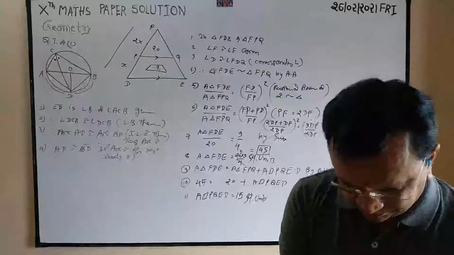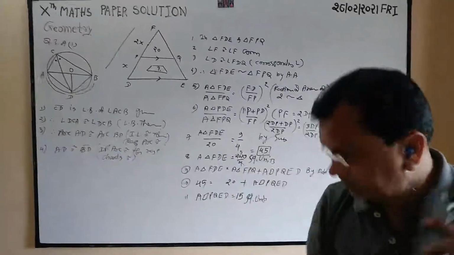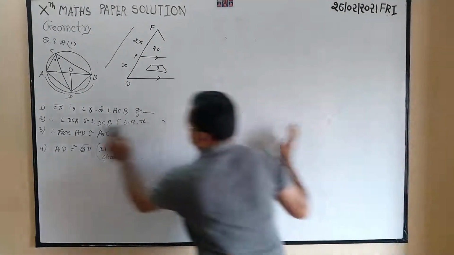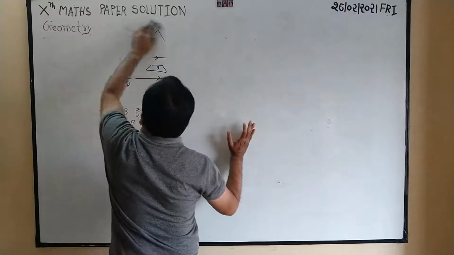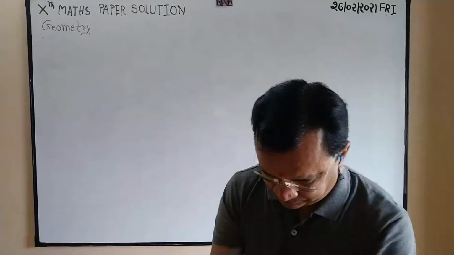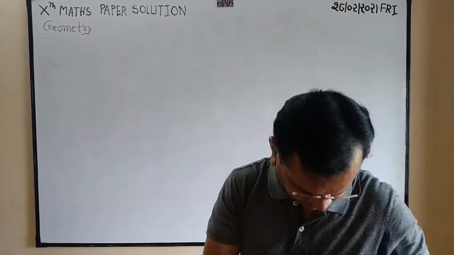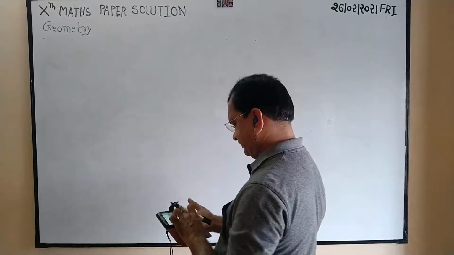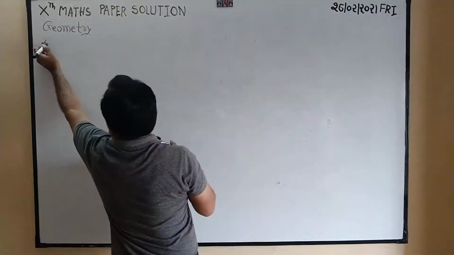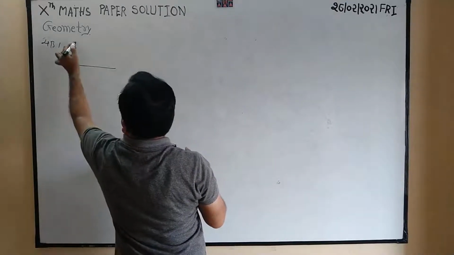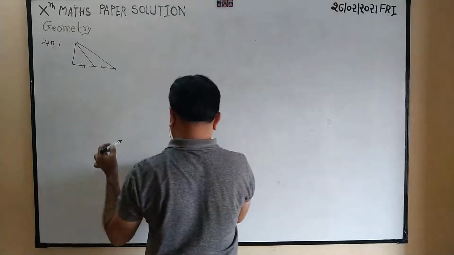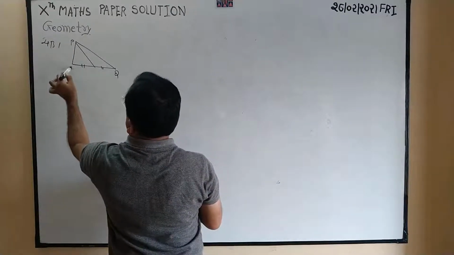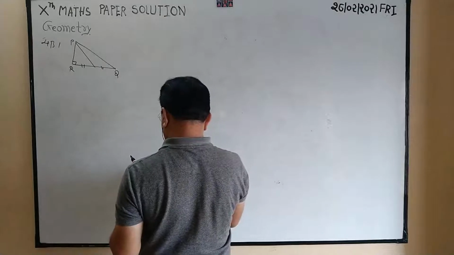Now B question 4B. Four B first. PQR, angle R is 90.